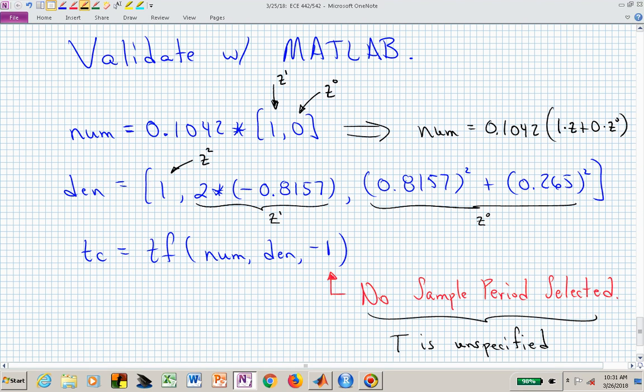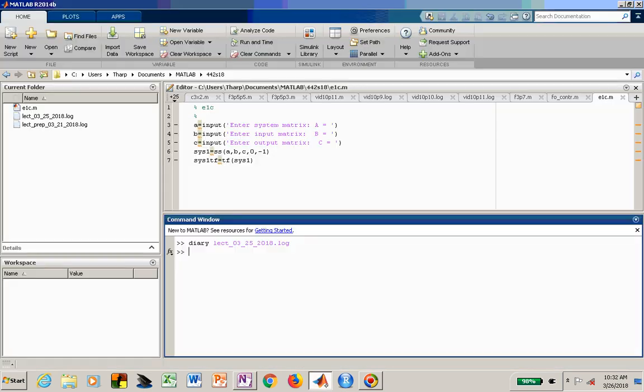Or T is unspecified, and now you're going to try to determine everything based on just the number of sample periods. Let's now go into MATLAB and validate our desired second order transfer function.